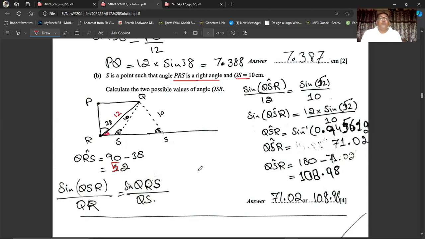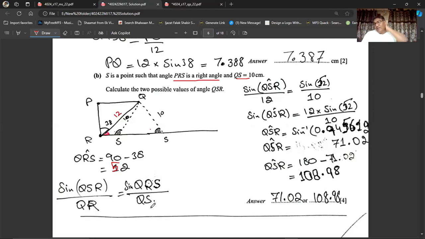Whenever you take sine inverse on your calculator, the calculator never gives you an obtuse angle, it always gives you an acute angle. So 71.02 is acute. That 71.02 will be for this S. For this S, we have to find the obtuse angle.